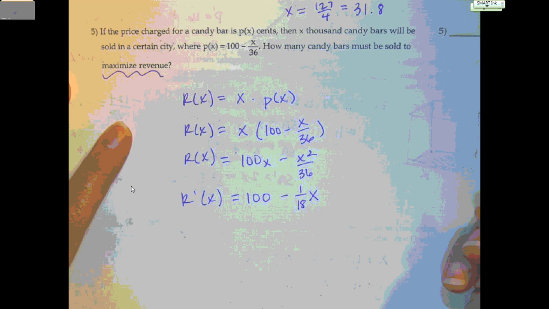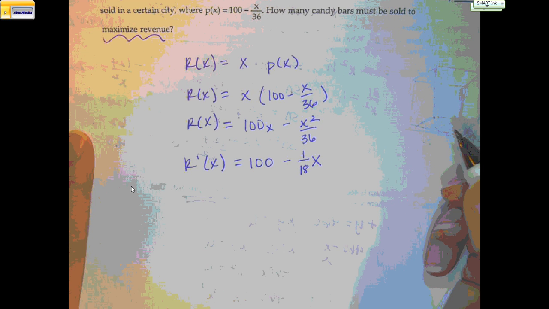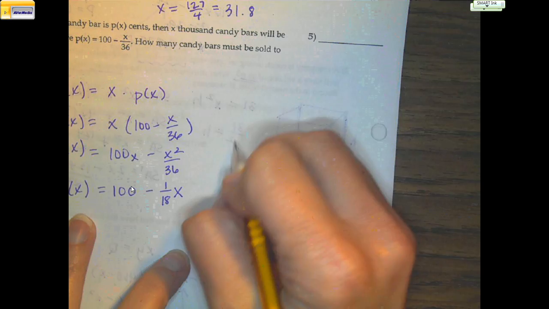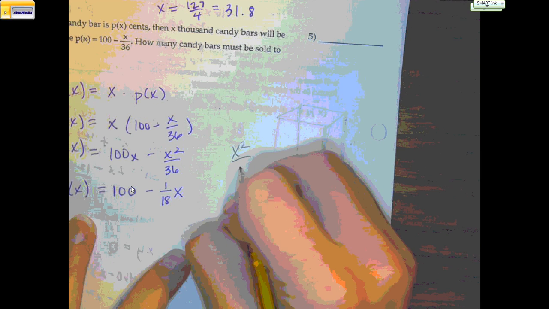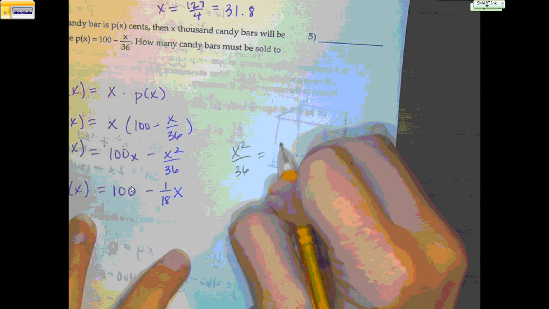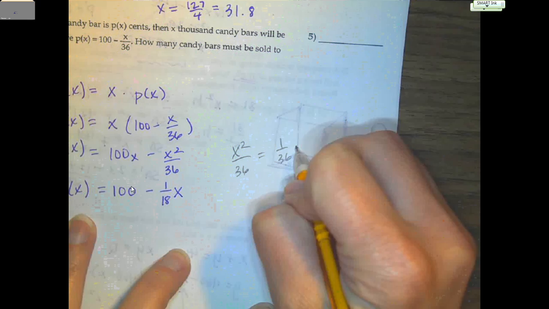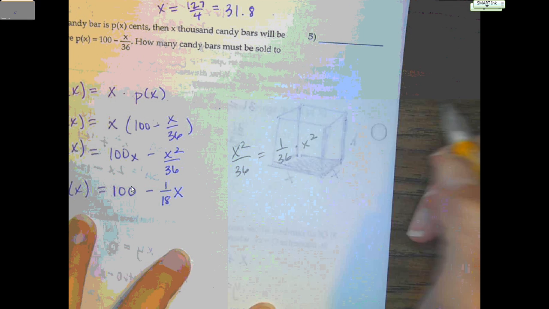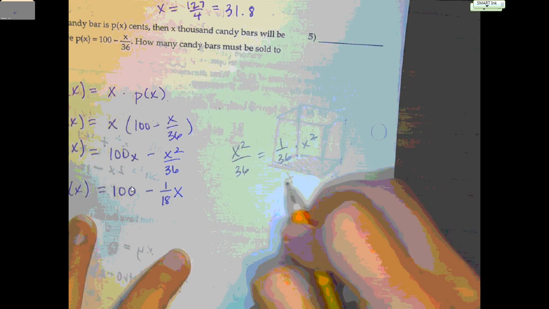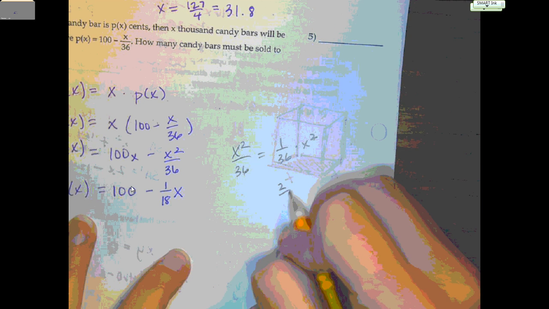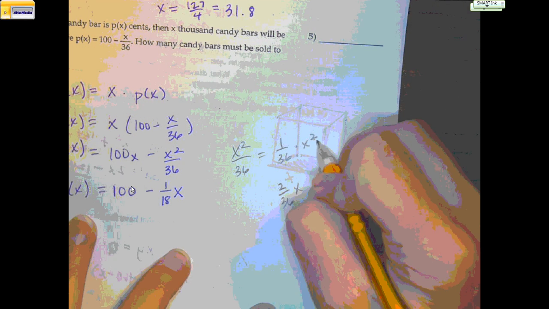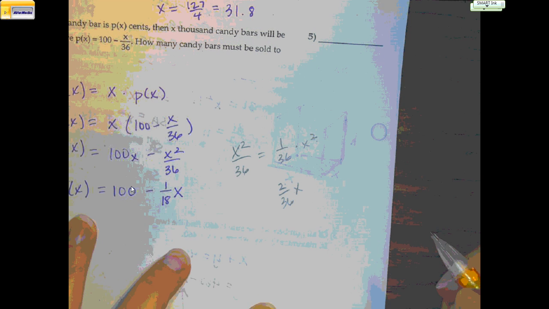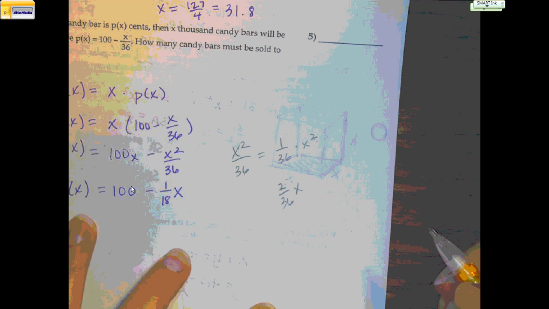Does everybody see what happened? Yes, sir. So this right here also means 1/36 times x squared. It's the same thing. So you take the 2 times 1/36, then that's 2/36 times x, and then that reduces to 1/18. Does that make sense? Okay.